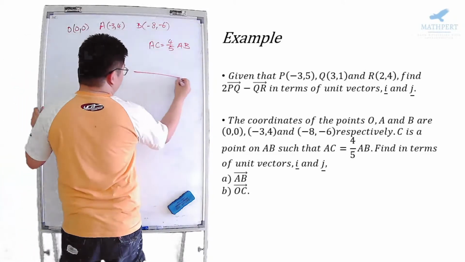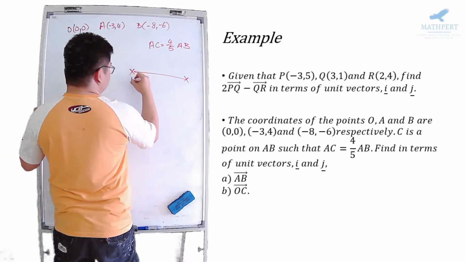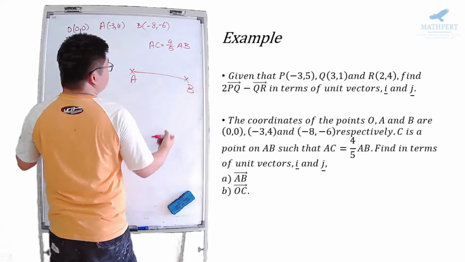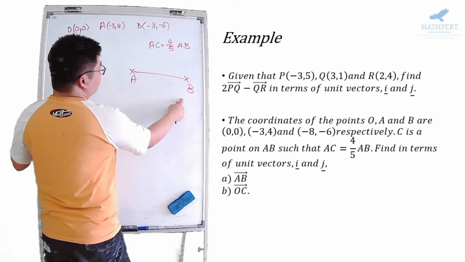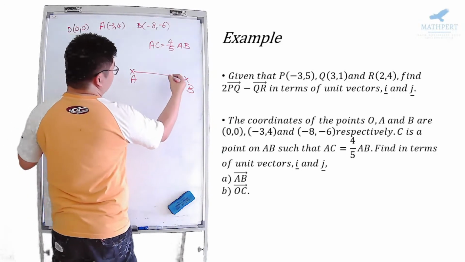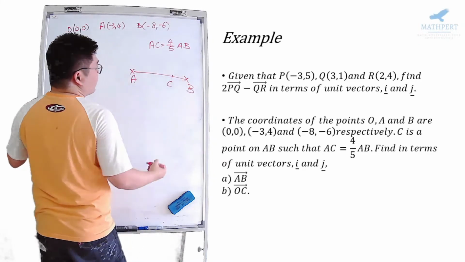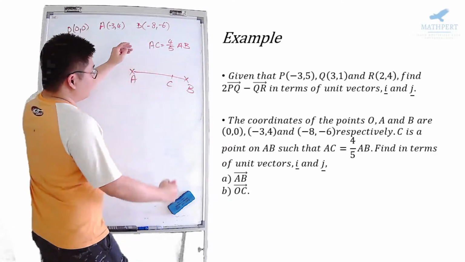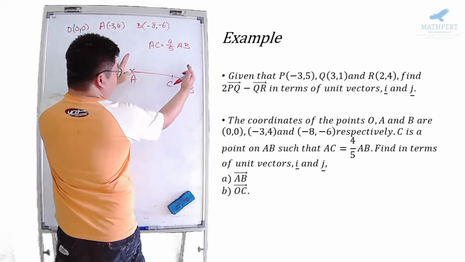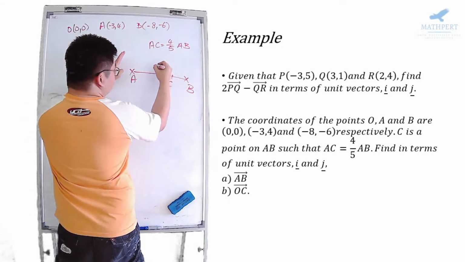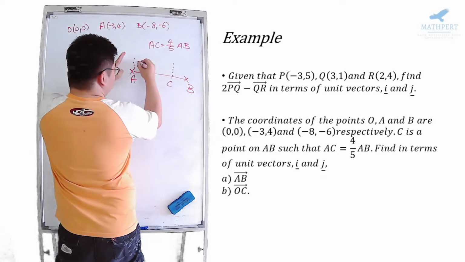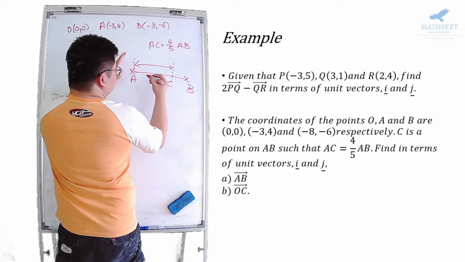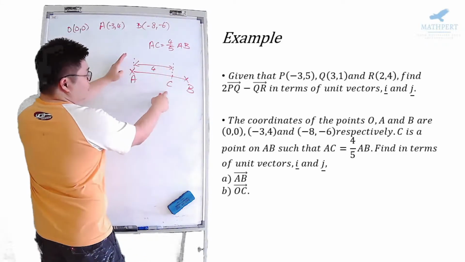Okay, line AB. This is C. So AC is equal to 4 over 5 AB. The whole AB is 5, A to C is 4.